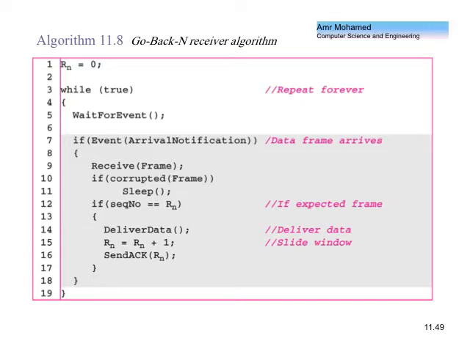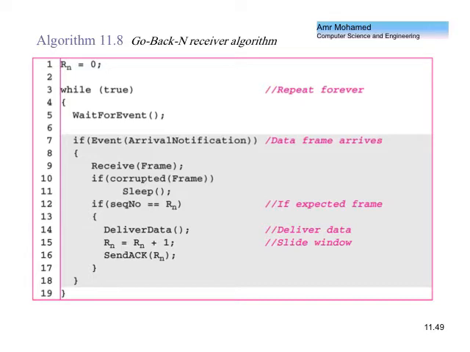Okay. And then, because as we said, the receiver has a window size of 1, which means that it's always expecting one frame and one frame only. Okay.